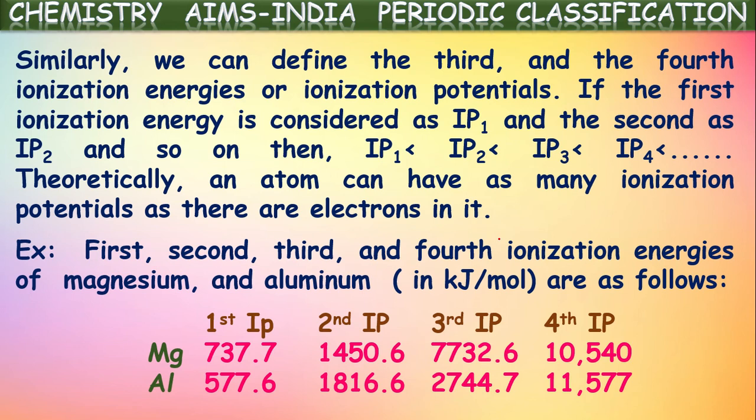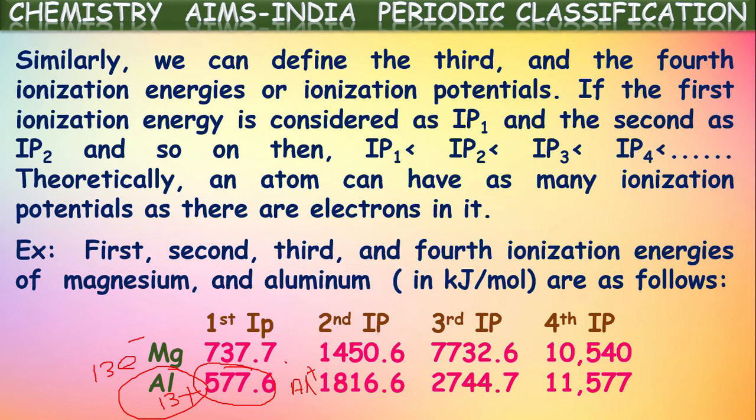Take aluminum itself. We know it has 13 electrons, because its atomic number is 13, and in the nucleus it has 13 protons also. Now, if you supply this much energy in kilojoules per mole, aluminium loses one electron and forms Al plus.